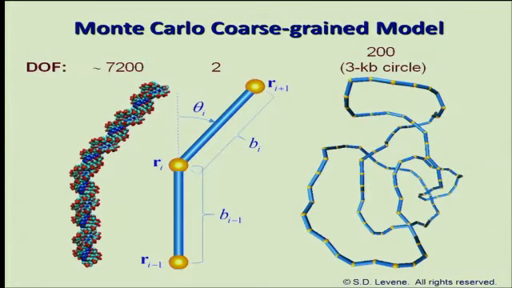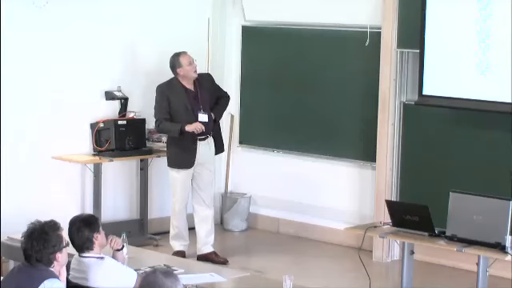So like everything else in life, the problem for us is not calculating the energy of loop formation or the energy of knotting, but rather the entropy that's associated with that process. So we use a coarse-grained description of a DNA polymer.